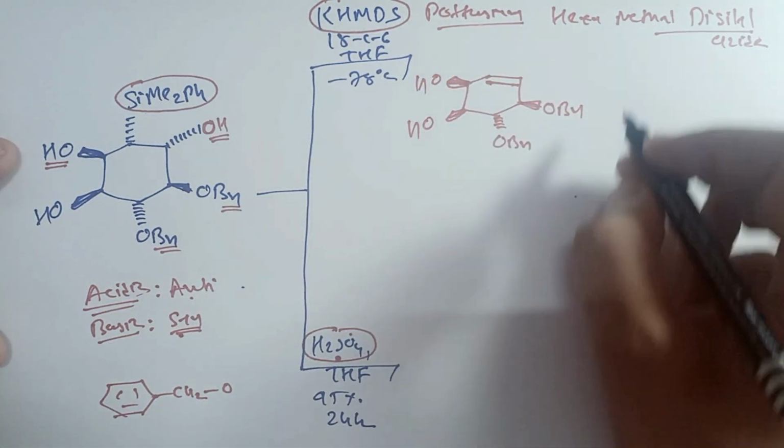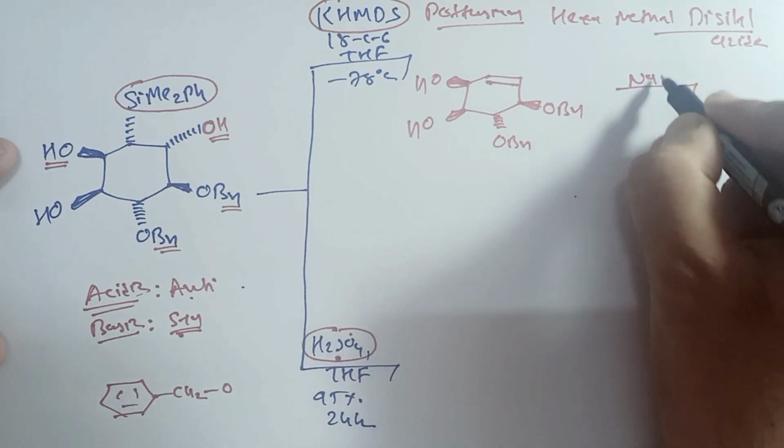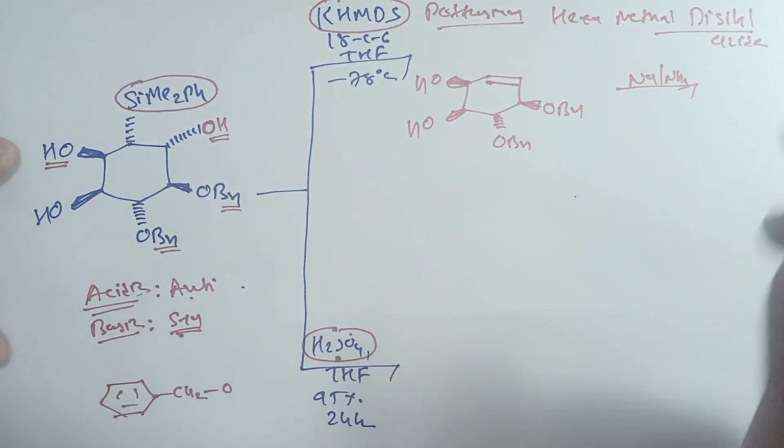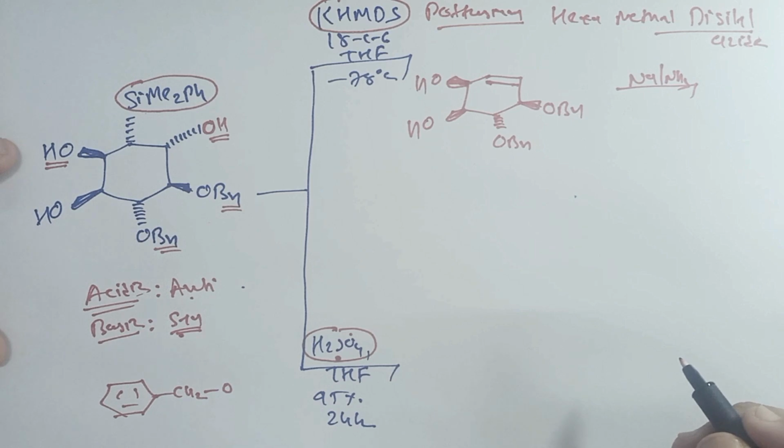Now if the examiner asks one more question regarding this type of molecule, that if it is reacted with sodium in the presence of ammonia, what will be the product? When it is reacted with sodium and NH3, it will cut this OCH2 bond and produce OH.